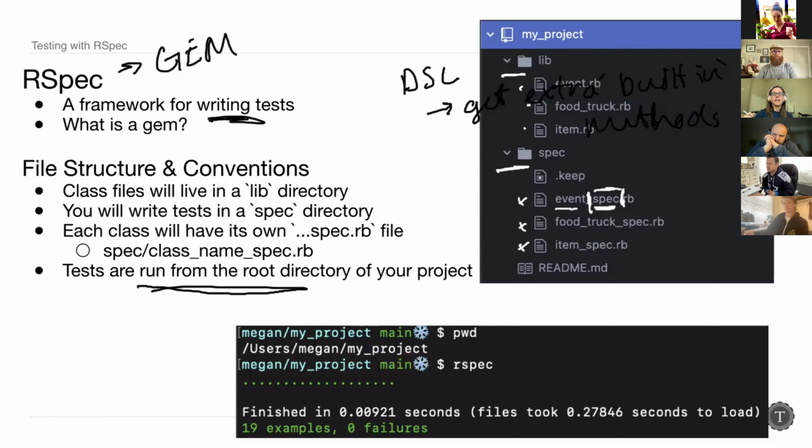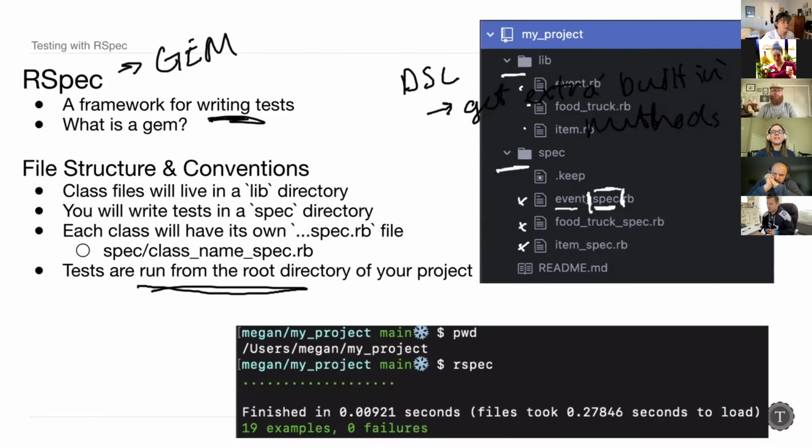Okay. Yeah, Catherine. Going from mini test to RSpec, I took a lot of my files and I did rspec --init, and then it created the spec helper and the RSpec one.